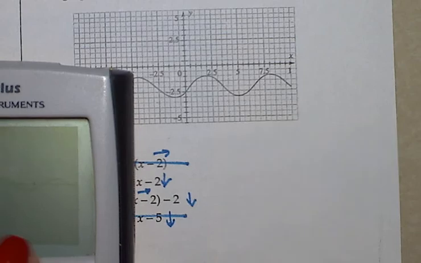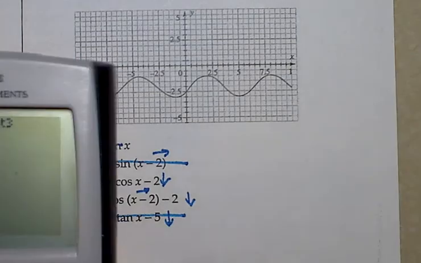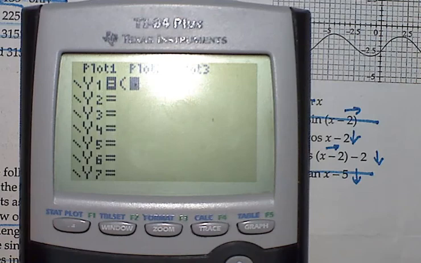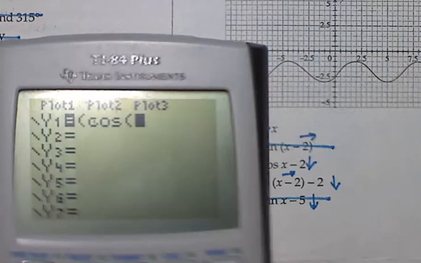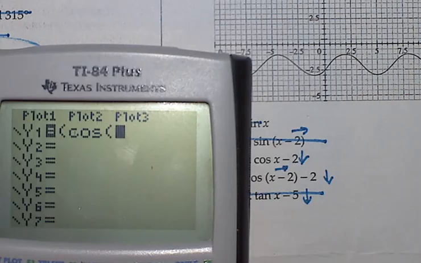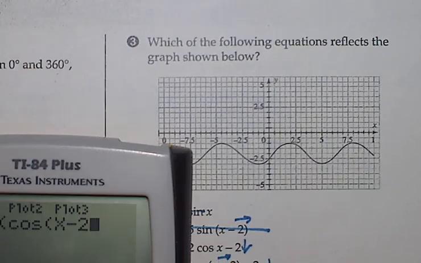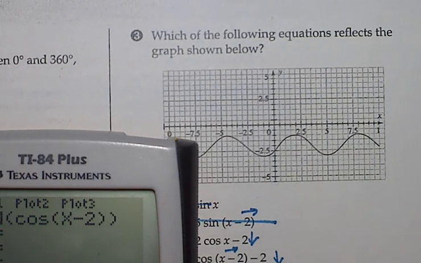Okay, so we're going to hit cosine. We're going to do a parentheses first of all. Then a cosine. And what is in parentheses? X minus 2. And then how many parentheses have we started? So do 2 ending ones, and then subtract 2.